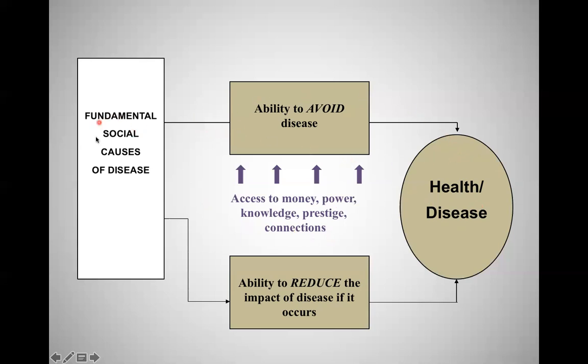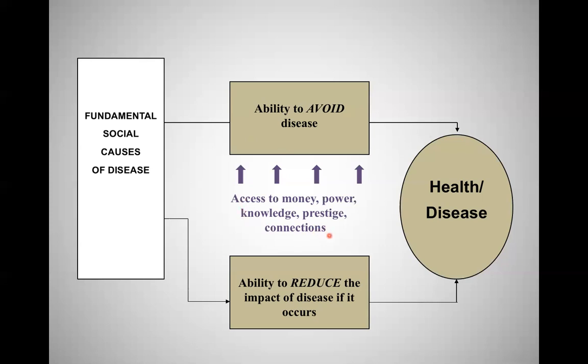One of the pathways in the fundamental social cause is providing individuals with this cushion or with this protection, with this shell, whether it's money, knowledge, prestige, connections. It's like a shell that helps an individual avoid negative health outcomes. Okay. So that's the first element of the fundamental social cause.